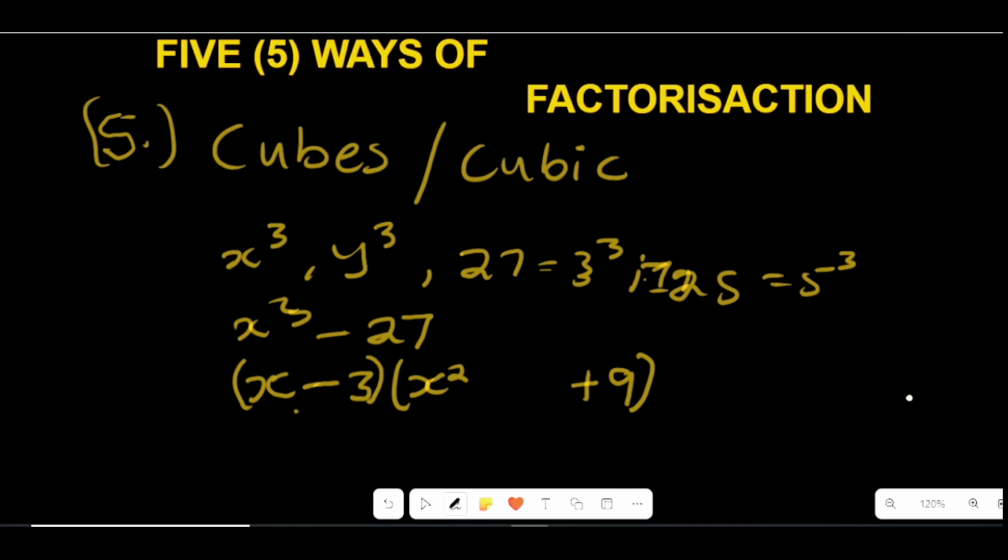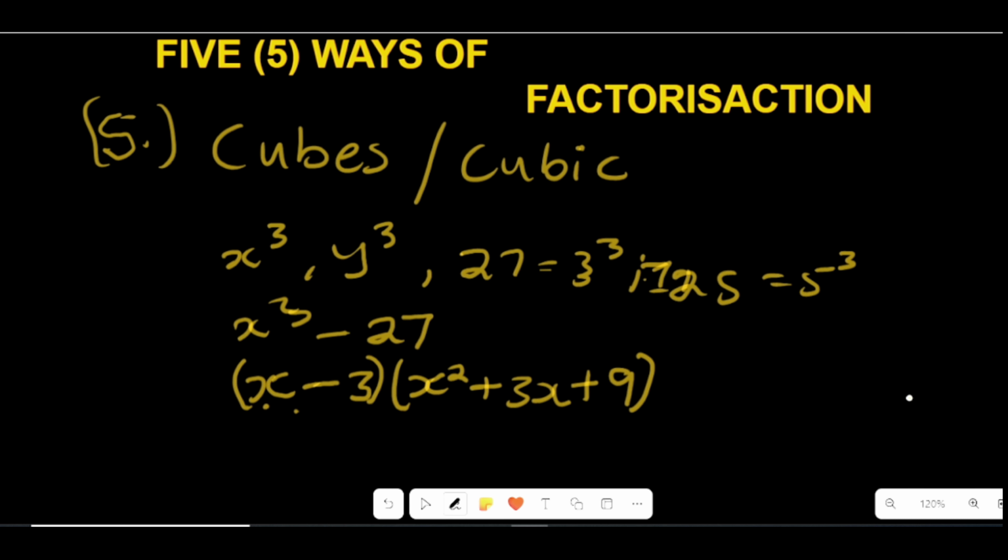Great. Now what are you going to do to get the middle? The middle term is the first two numbers that are in the bracket, and then you change the sign. It's going to be 3 times x, you change the sign, plus 3 times x. There you go. That is the factorizing.